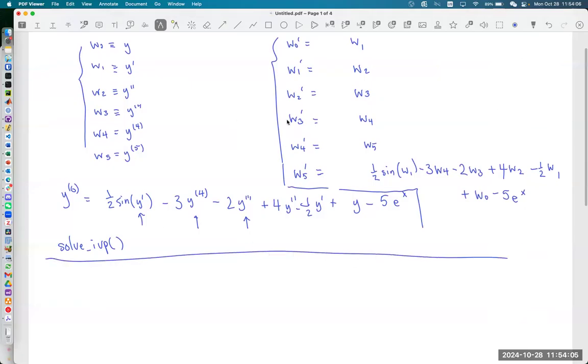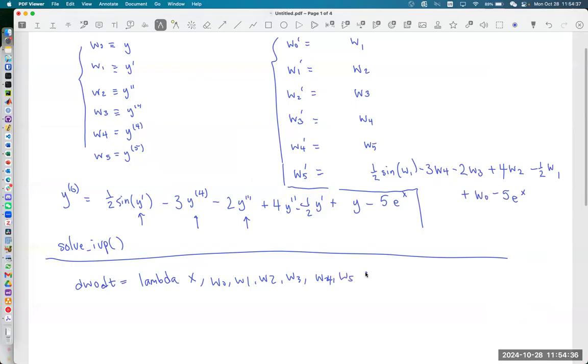To write it in Python, we have dw0 dt is equal to a lambda function of the independent variable t or x, doesn't matter, and then all the dependent variables. The dependent variables in this case are 0, 1, 2, 3, 4, 5. So W0, W1, W2, W3, and so on.